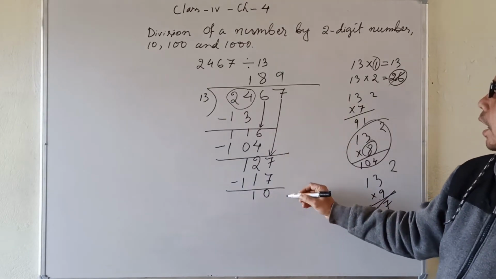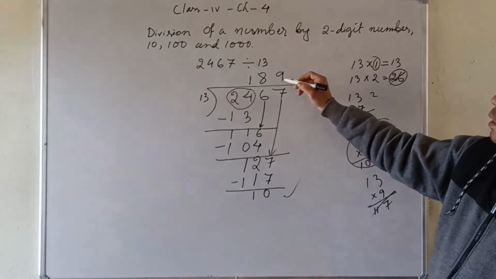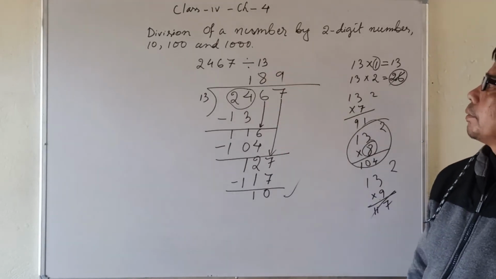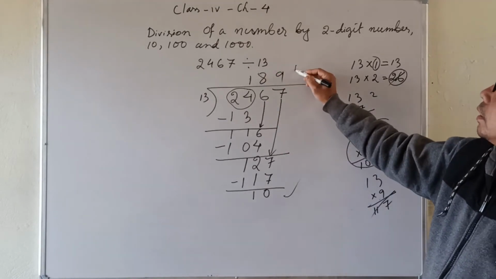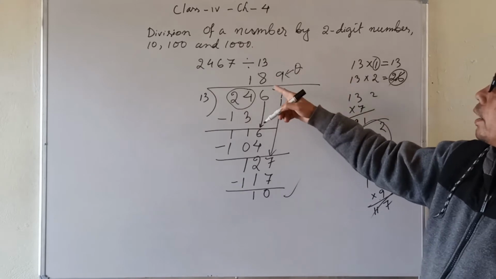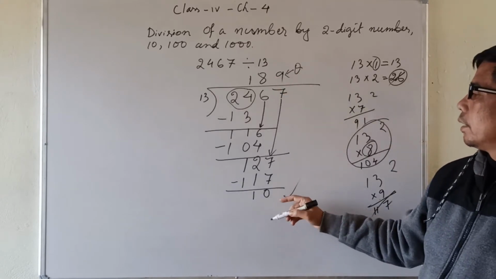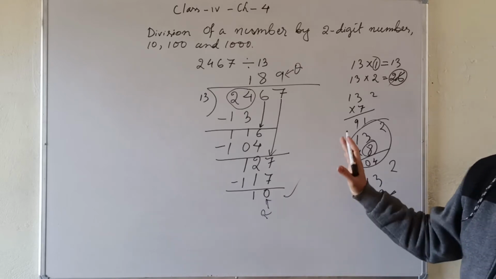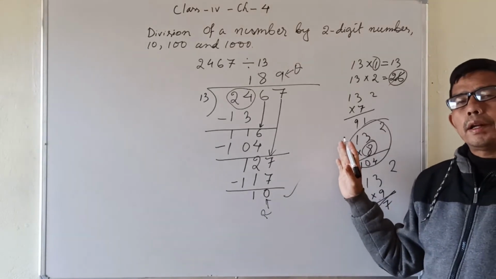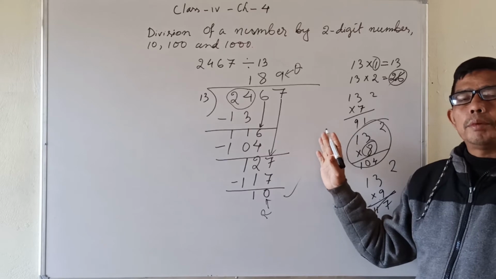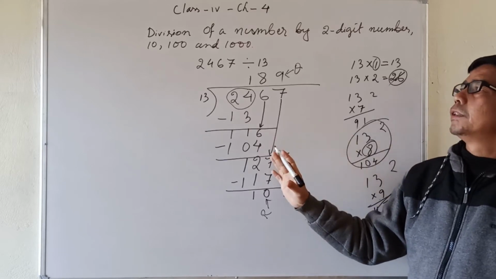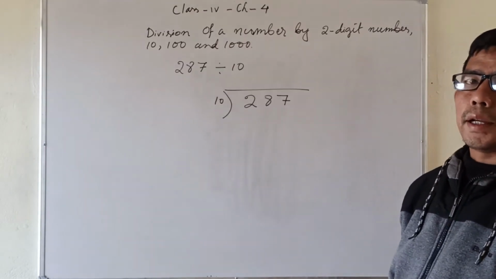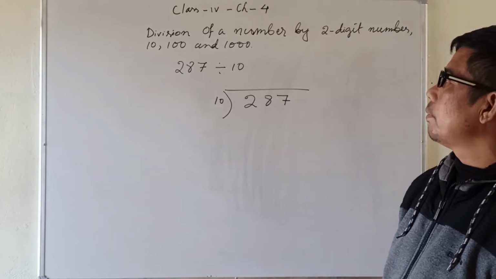So this is the end of the division. So 2467 divided by 13 gives quotient 189 and remainder 10. The same way division of a number by 3 digits also can be done as we have done here. Then let's come to the second case, that is division of a number by 10.